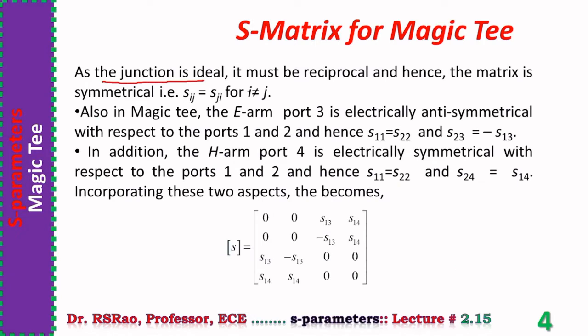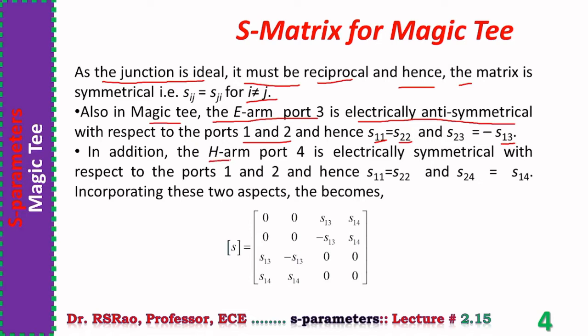As the junction is ideal, it must be reciprocal and hence the matrix must be symmetrical. It implies Sij is equal to Sji for i not equal to j. Also in magic T, the E-arm port 3 is electrically antisymmetrical with respect to ports 1 and 2, and hence S23 equal to minus S13.